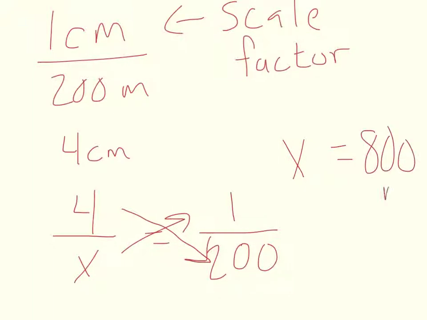And that's going to be 800 meters. Now we have found the actual distance from the center of the pyramid of the sun to the center of the pyramid of the moon. So the actual distance from those 2 points is 800 meters. So that would be example 1.